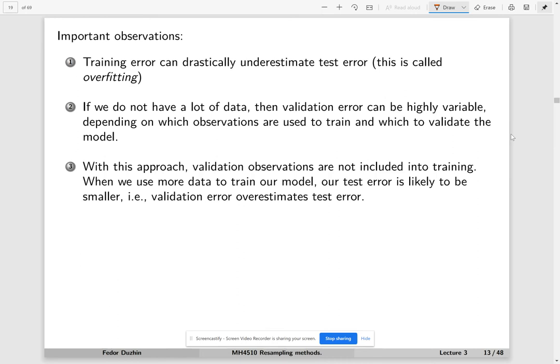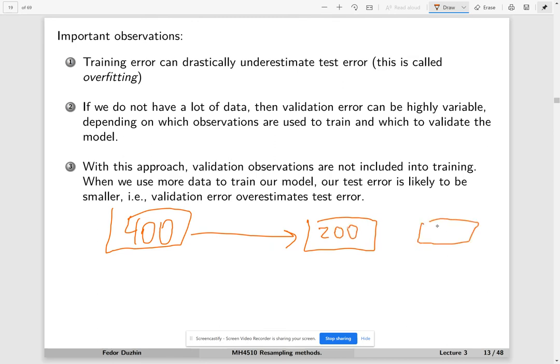If we do not have a lot of observations, like in this auto data set, where the total number of observations is about 400, and we split these observations into 200 for training and 200 for validation, then it means that our sort of pseudo training set that we use to validate our model is only trained on a much smaller sample.